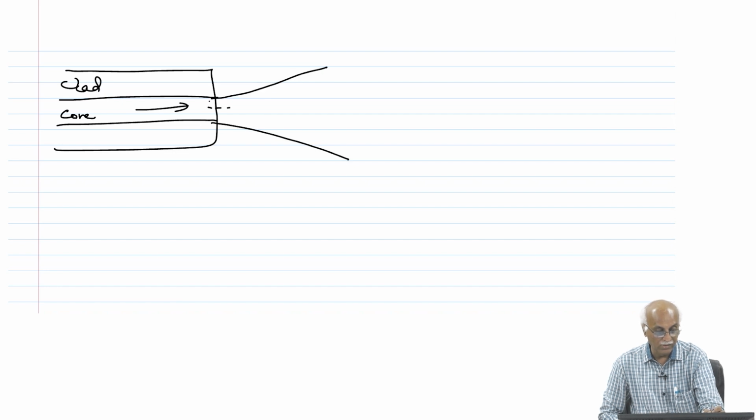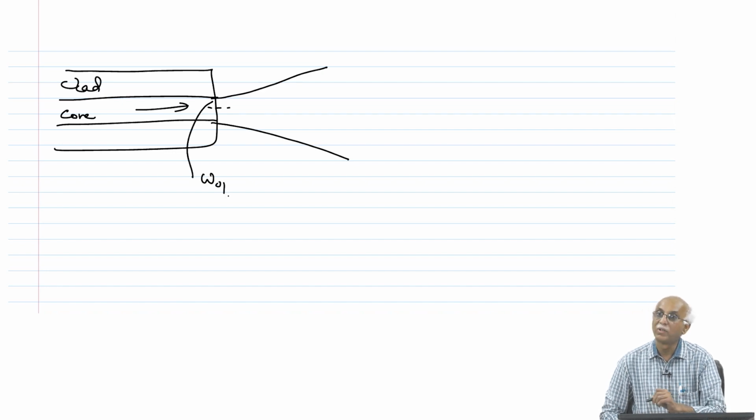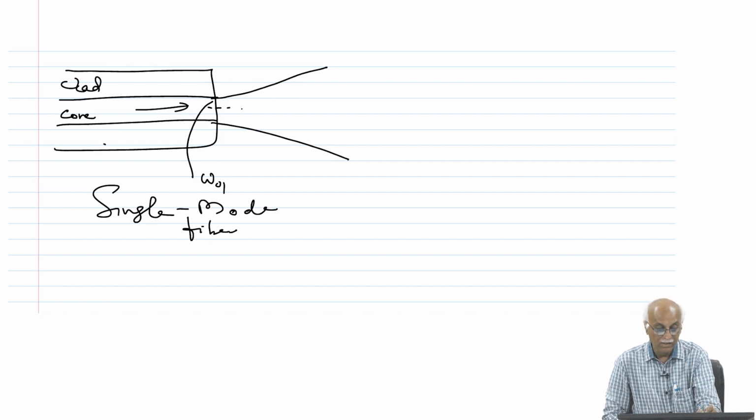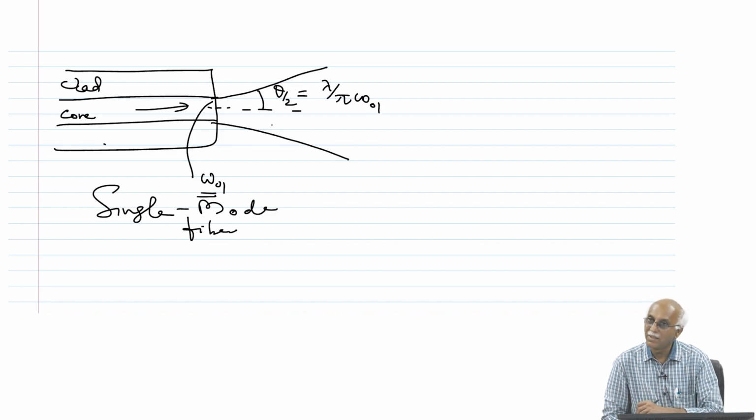So, this is the W0 beam waist equivalent. If this is a single mode fiber, then this divergence angle is nothing but the Gaussian beam divergence angle, decided based on the beam waist and the wavelength. So, theta by 2 is equal to lambda by pi W0, what we derived.